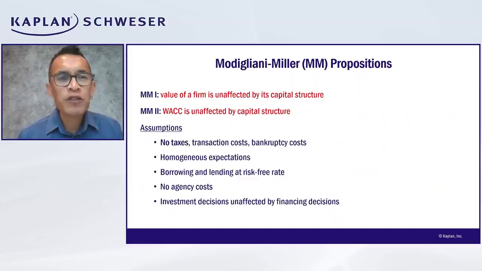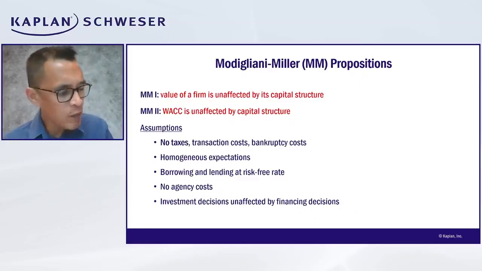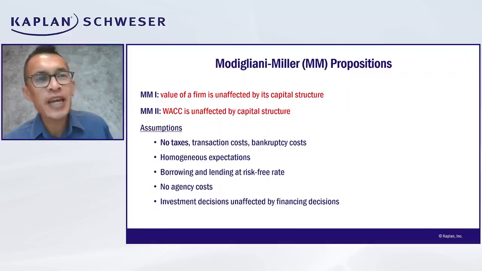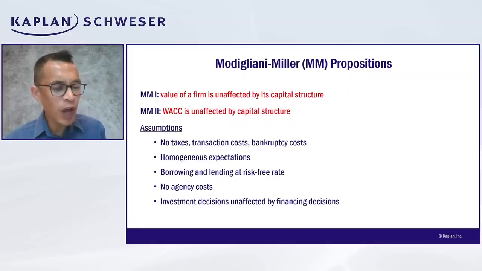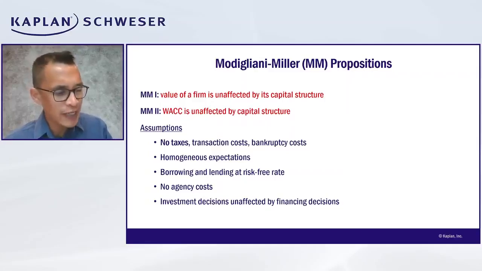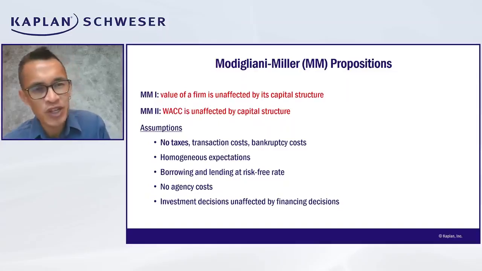All right, off to Modigliani Miller here. So MM1 and MM2 are theoretical extremes intended to show that once the many unrealistic assumptions are relaxed, capital structure does have an impact on firm value when we look at taxes and potential bankruptcy costs specifically.